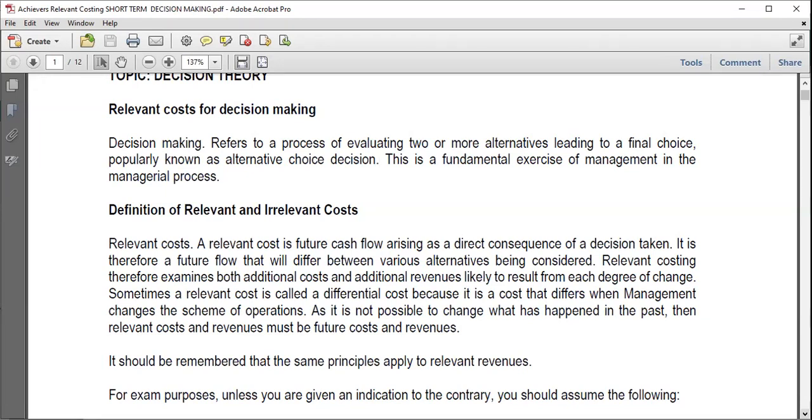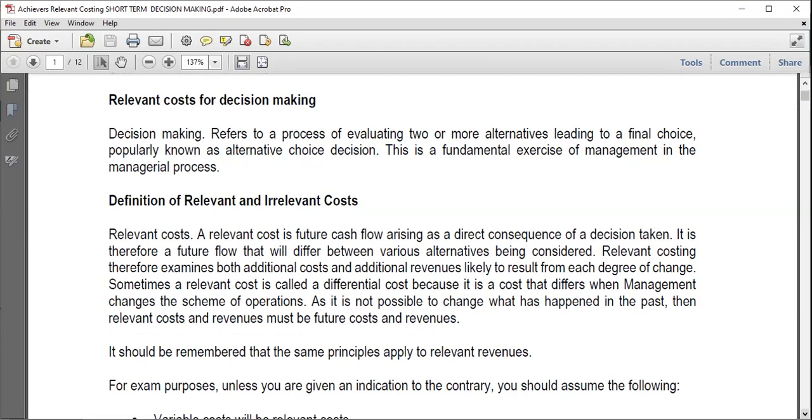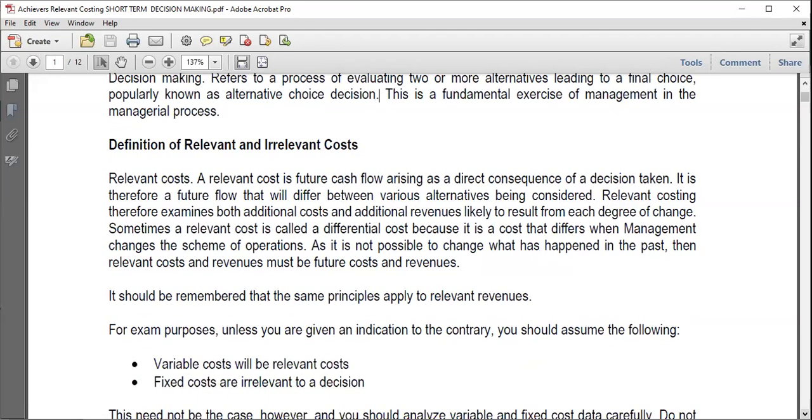These are the revenues that will come as a result of you making that given decision. So we shall try to understand once we have different examples for us to appreciate what we really mean. You get it? So it's very important for us to understand.